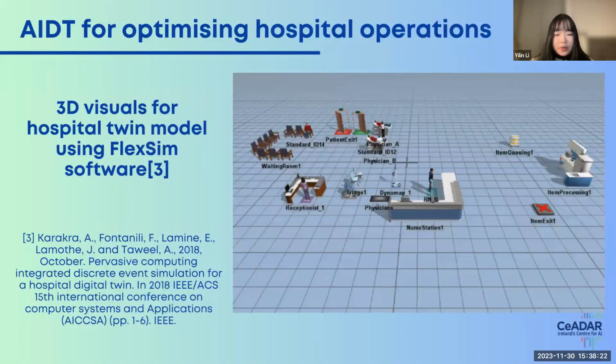This enables different scenarios to be applied using the simulation model to test modifications to hospital service and patient care, thus identifying opportunities to improve the efficiency of patient care.